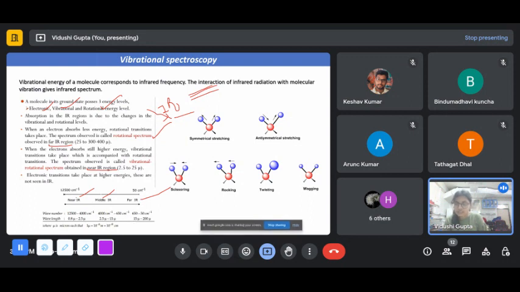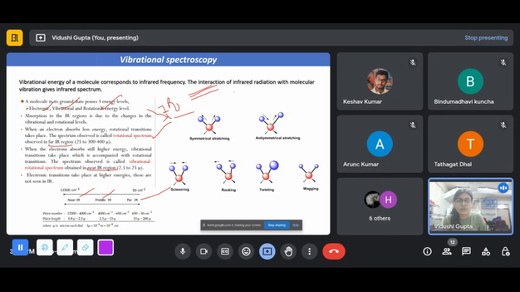The wavelength range of the near IR is 0.8 to 2.5 micron, in the middle IR it is 2.5 to 15, and in the far IR it ranges from 15 to 200. In wave number, it is 12,500 to 4,000 centimeter inverse for the near IR, 4,000 to 650 centimeter inverse for the middle IR, and 650 to 50 centimeter inverse for the far IR.